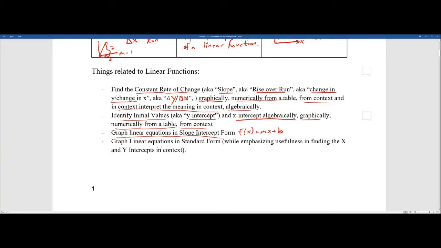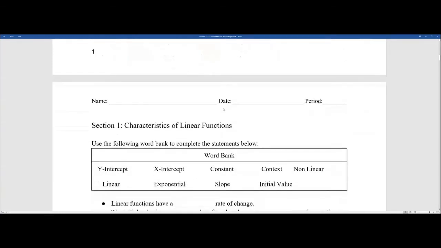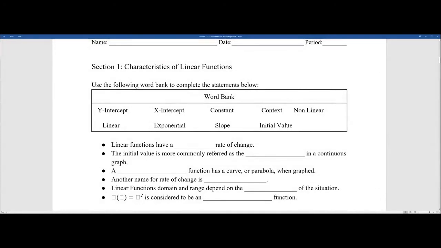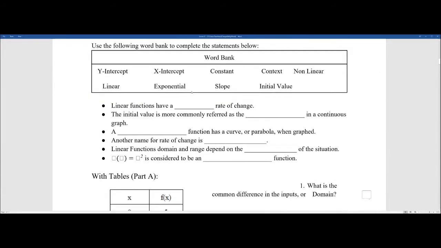Now, graphing linear equations from standard form while emphasizing usefulness in finding the x and y intercepts in context. I'm going to show that to you, I think, on day 2. All right, so let's get into it. Section 1, characteristics of linear functions. Let's use our word bank.